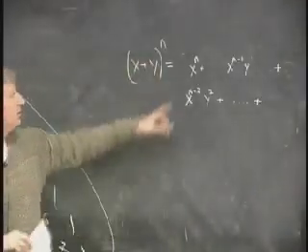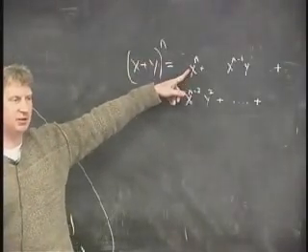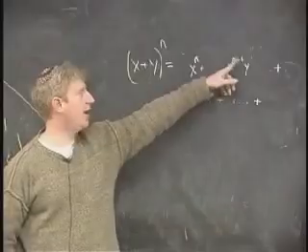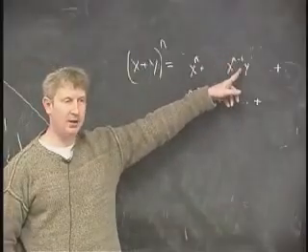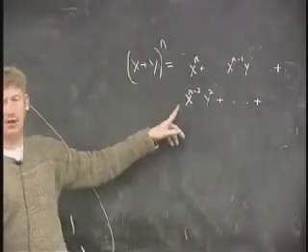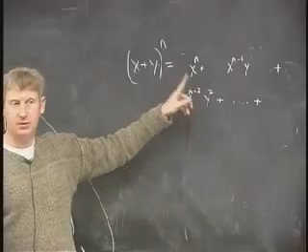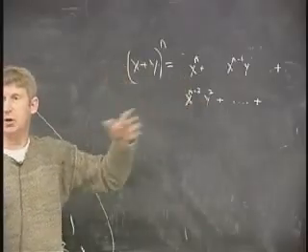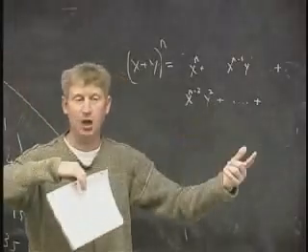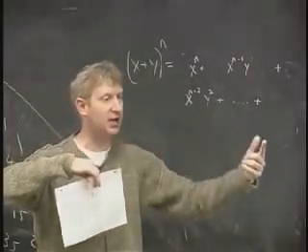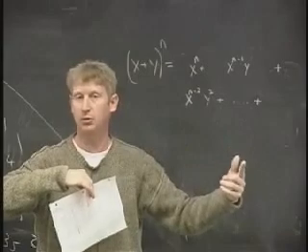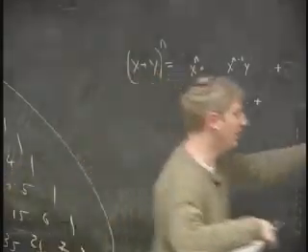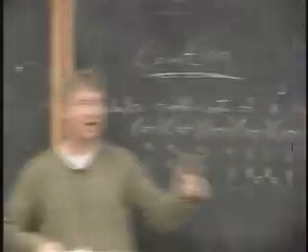The first thing that happens is you start with x to the n. You'll get that term. You'll also get terms where there are n minus 1 x's and 1 y. You'll also get terms where there are n minus 2 x's and a y squared. Anytime you multiply these things n times through, you're going to get some number of x's, some number of y's, but the combination of the x's and y's together have to add up to n, just like the combination of x's and 1's here had to add up to 7.